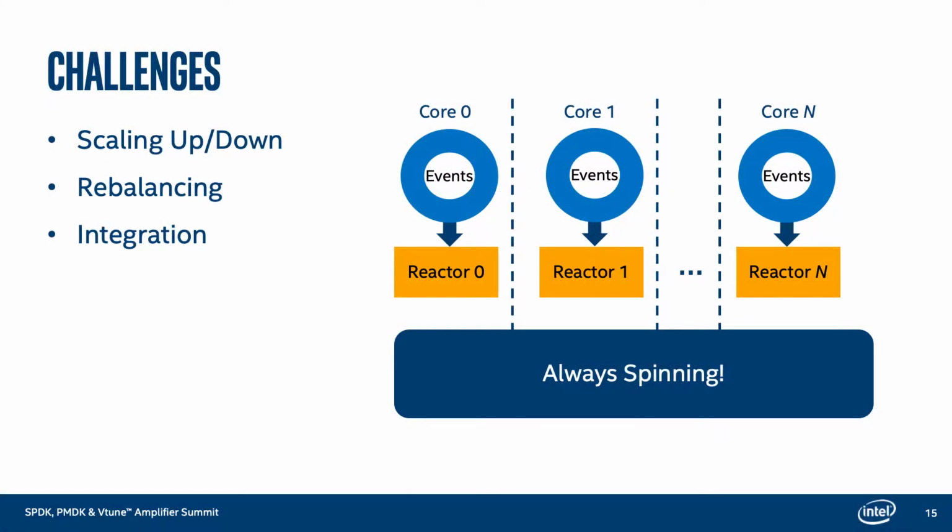There are also some more challenging problems than just bulk scaling up and down the total number of system threads. One of which is rebalancing work. Because SPDK assigns data to cores, usually when we do initial setup, it's difficult to later move data to another core, which you may not just be doing to shut down the other core.